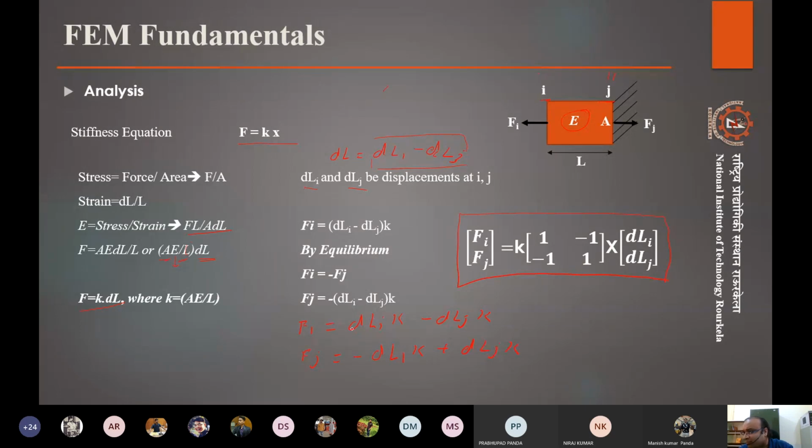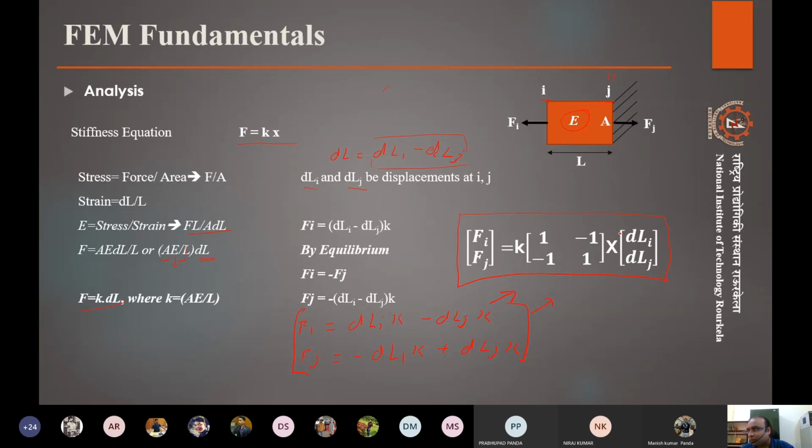And if you see, this is very similar to this equation with matrix multiplication. Fi in this case will be k into dli, that is here, and minus k into dlj, that is here, and Fj equals minus k dli plus k dlj. So this is an example of how we get a stiffness matrix.